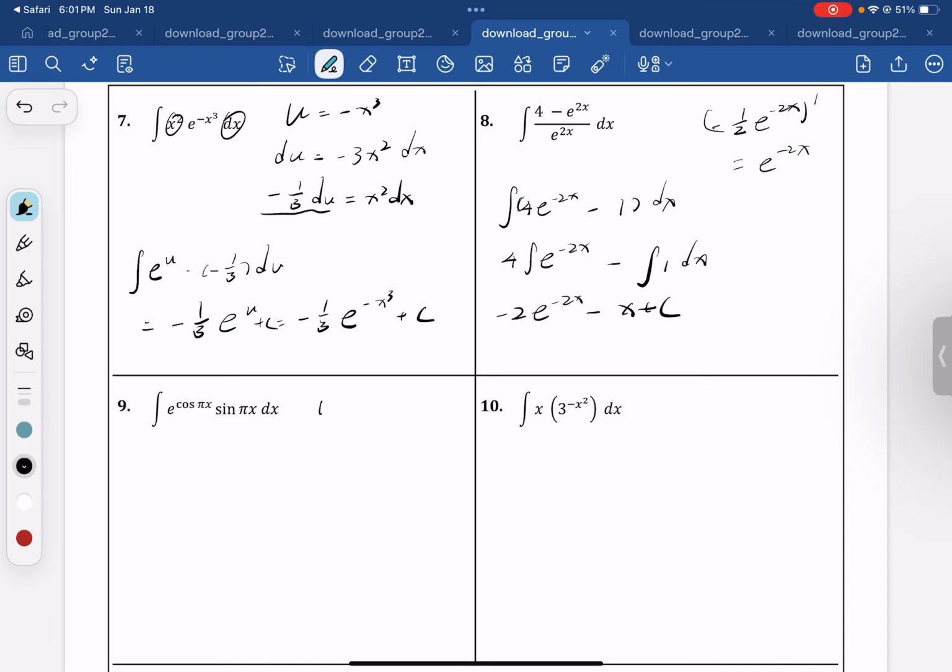For question 9, we make u equals cosine pi x. So du becomes negative sine pi x times pi, negative pi sine pi x dx.